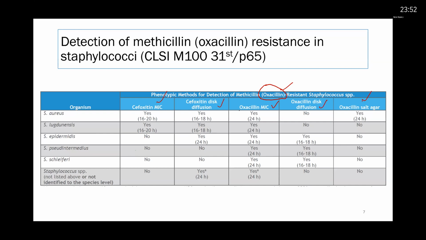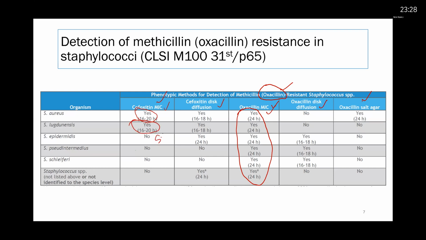Among these, oxacillin MIC can be done for all the groups, aureus and all the different CoNS species. What about cefoxitin MIC? We can do cefoxitin MIC testing only for aureus and Lugdunensis, as per CLSI.